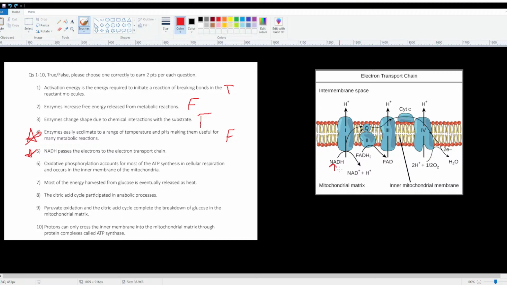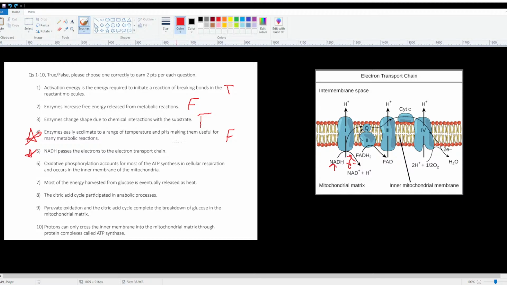However, NADH is donating an electron to the protein complexes, so we can power the electron transport chain. So when it says NADH passes the electrons to the electron transport chain, I think what it's asking is, where do the electrons come from in the ETC, and they do come from NADH.